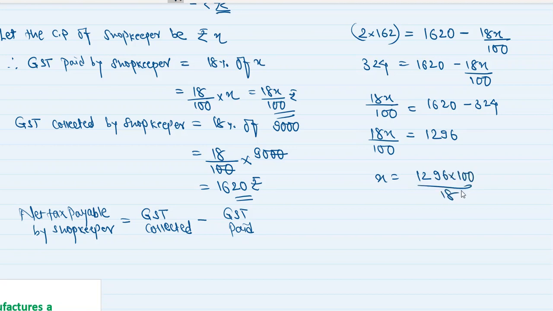Let us divide 1296 by 18. 1296 divided by 18 is 72. 72 multiplied by 100 is 7200. So x is equal to rupees 7200.